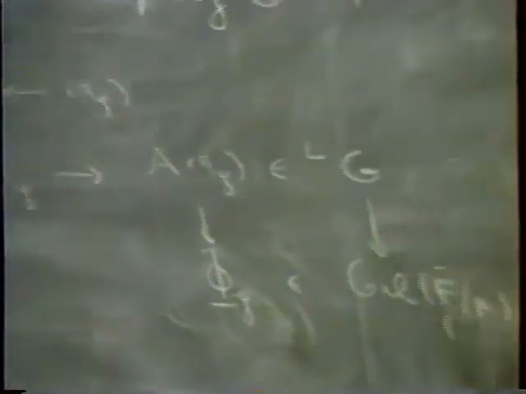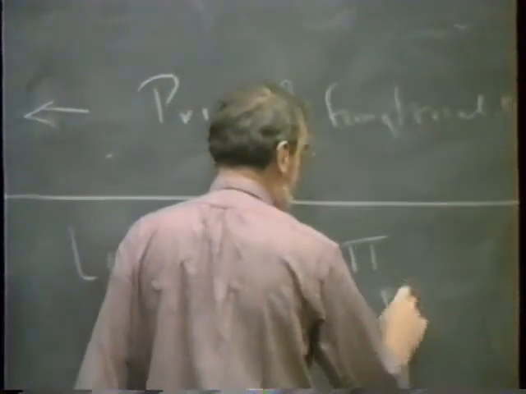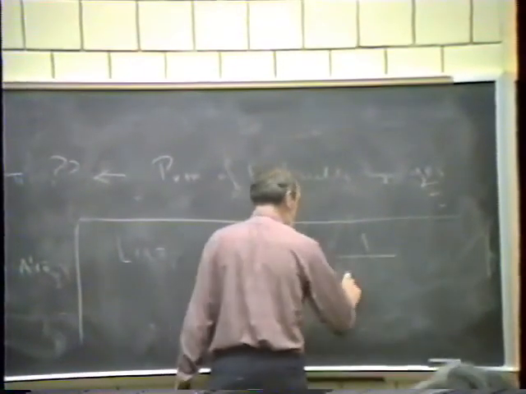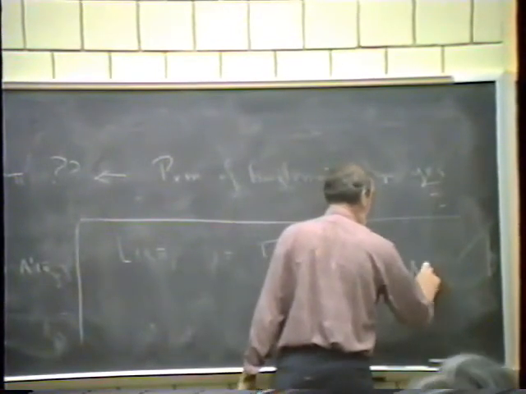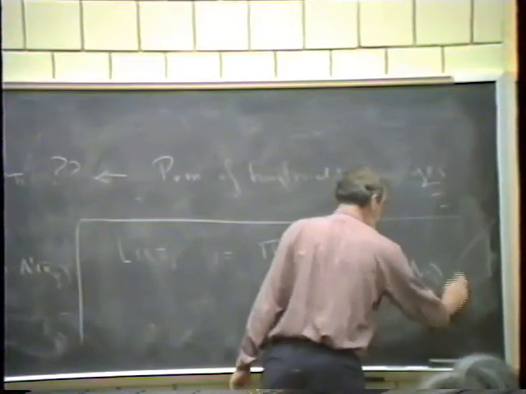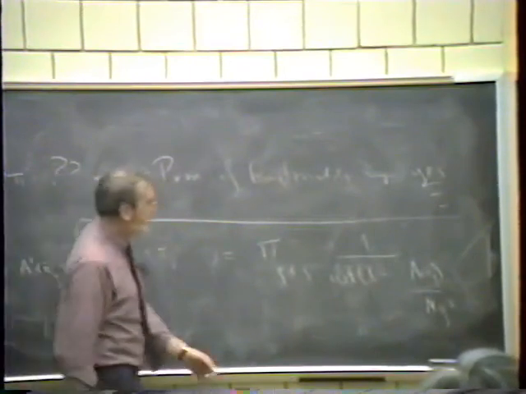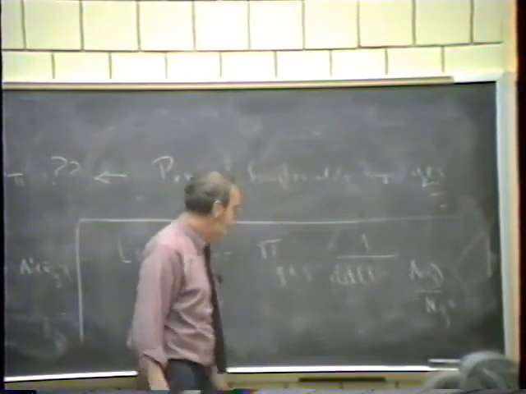So let me build an L function associated to pi, namely the product over all P, let's build it just the way I built the other thing, 1 over 1 minus A of pi P over norm P to the S. And then you'll notice that I've done something that I shouldn't have done, namely I've taken a group element and put the determinant here, so this doesn't make any sense.